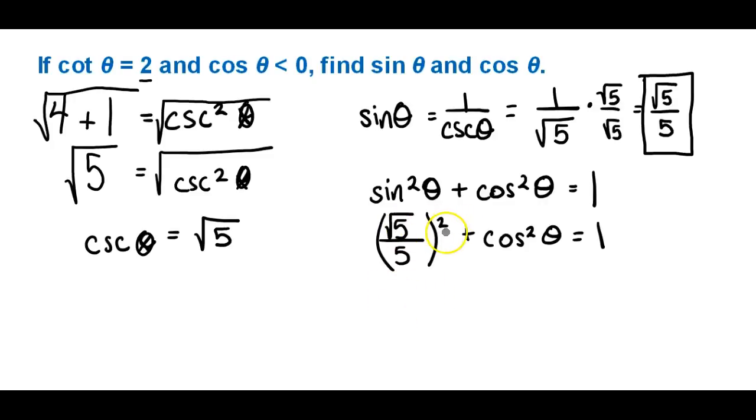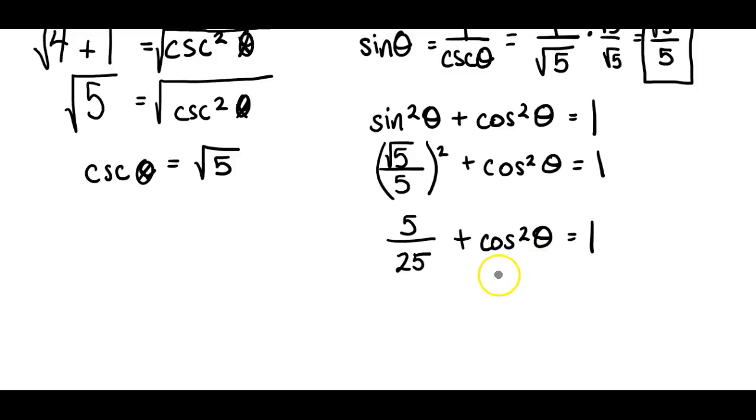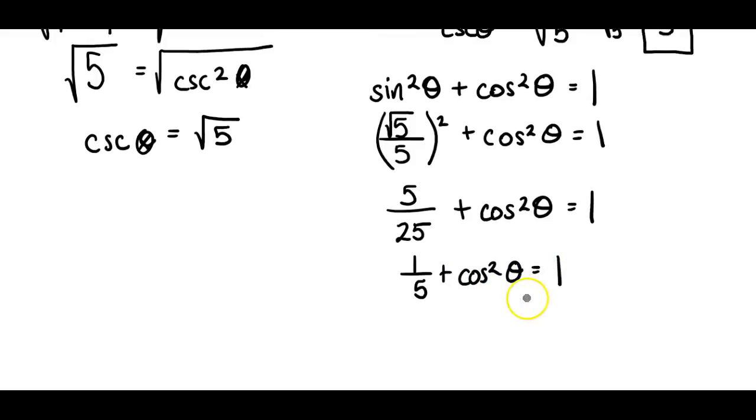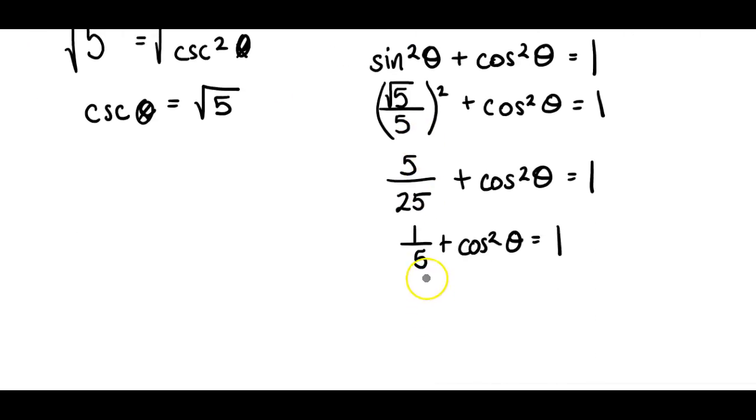So square root of 5 squared is 5. 5 squared is 25. So we get 5/25 plus cosine squared of theta is equal to 1. Then I can simplify this to 1/5 plus cosine squared of theta is equal to 1. We'll subtract that from both sides.